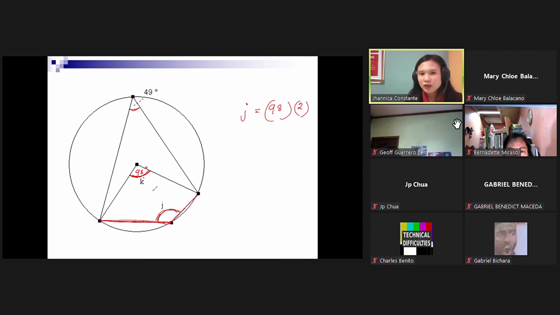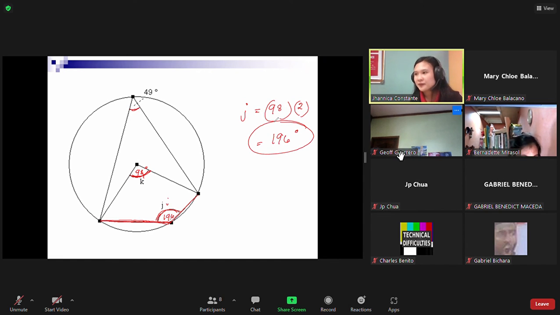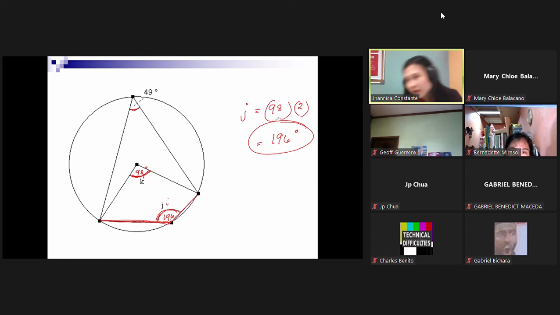If the angle that you're measuring is facing the central angle, the measurement of that angle is twice the central angle. So 98 times 2 is equal to 196. So that's the measurement of angle J. That's the property of the angle of the center.